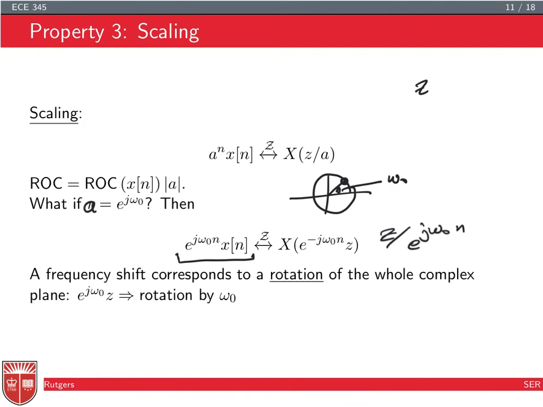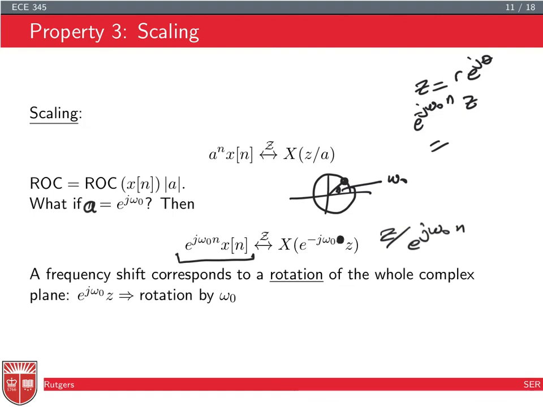Why? Because let's suppose that z is written in polar coordinates as r e to the j theta, then when you multiply e to the minus j omega 0 times z, it's going to give you, sorry, here there's no n.